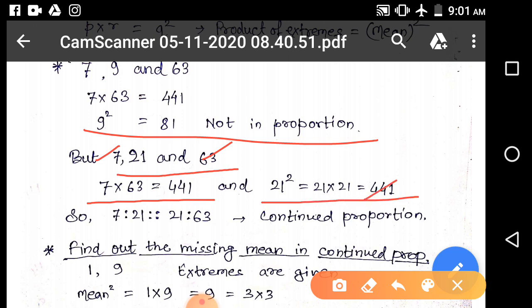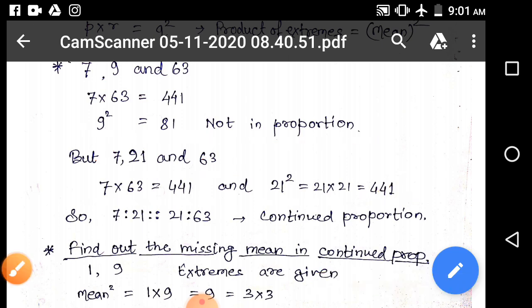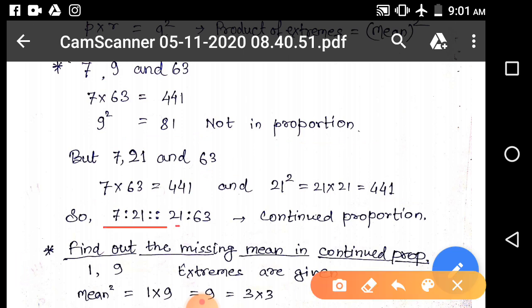So 441 is equal to 441, that means those numbers are in continued proportion, 7, 21 and 63 with the mean 21. So we can write in proportion 7 is to 21 is equal to 21 is to 63. So those are said to be in continued proportion.